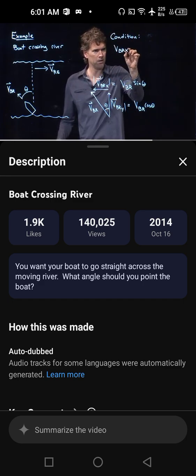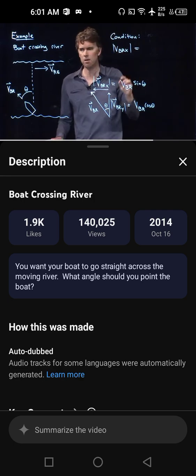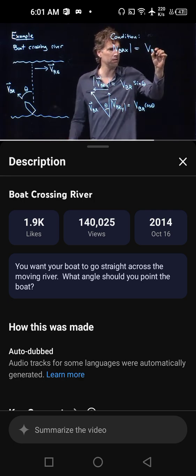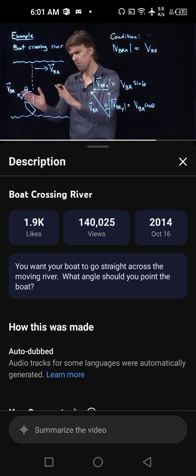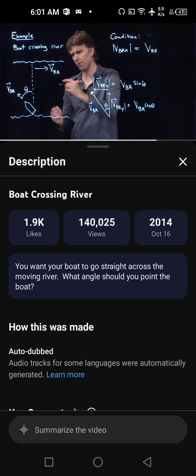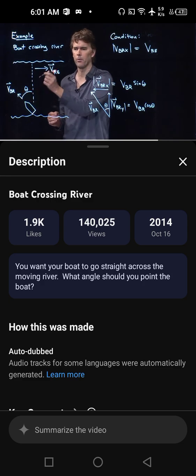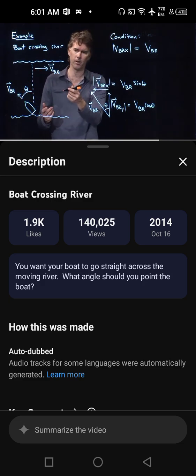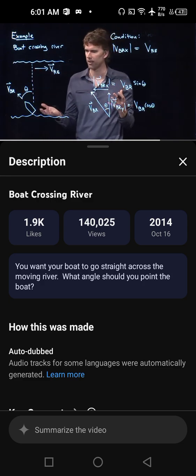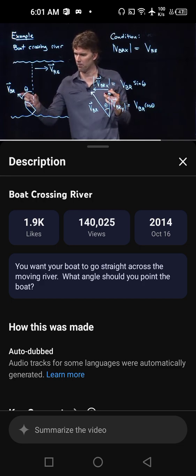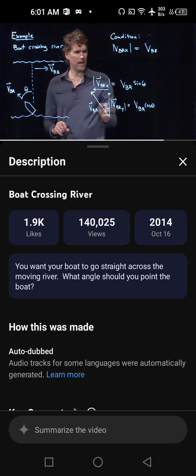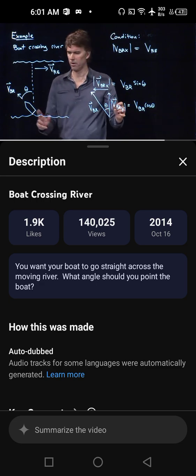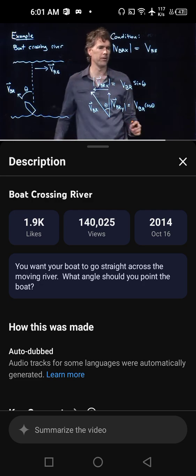VBR X has to equal the speed of the river going downstream. Right, that makes sense, right? If I turn my boat all the way upstream such that I was going upstream at 5 kilometers per hour and the river's going downstream at 5 kilometers per hour, I wouldn't go anywhere, right? We would be exactly still. And so whatever component I have going upstream, as long as it equals the speed of the river, then any remaining vertical component is just going to carry me straight across the river.